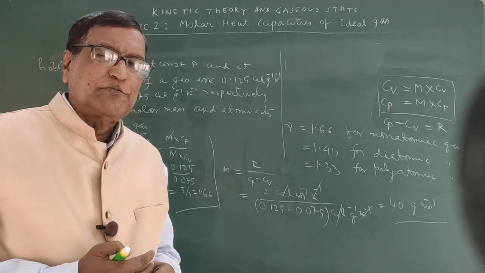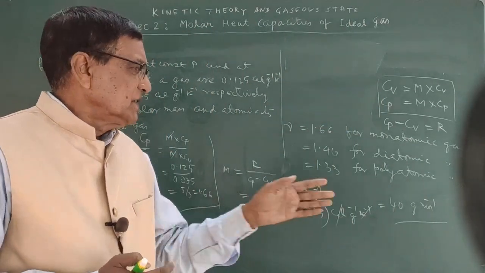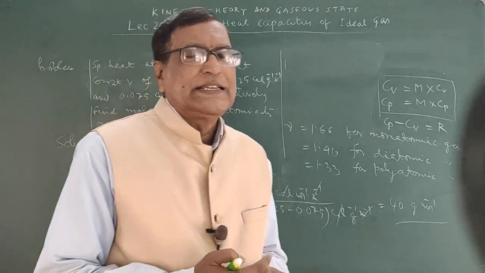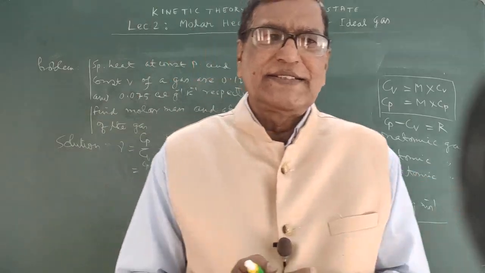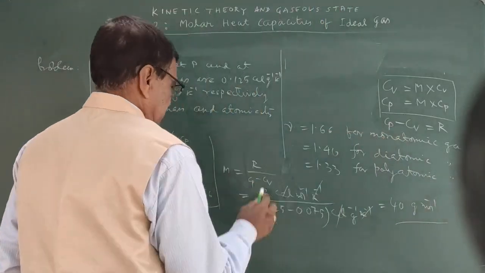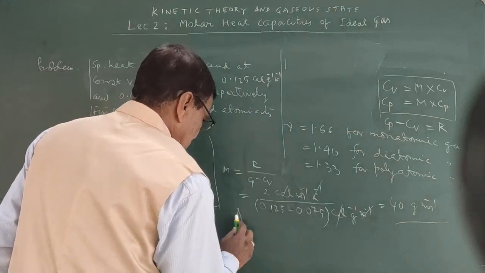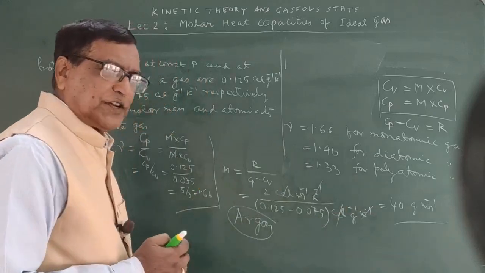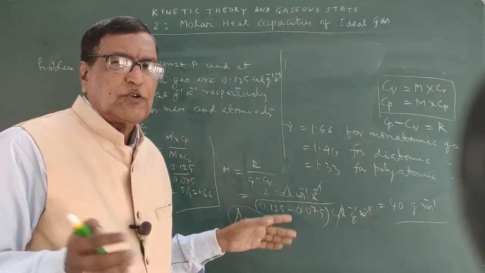So the gas is monoatomic, and the molar mass is 40, so naturally you can see the gas is argon, whose molar mass is 40 and which is also monoatomic.